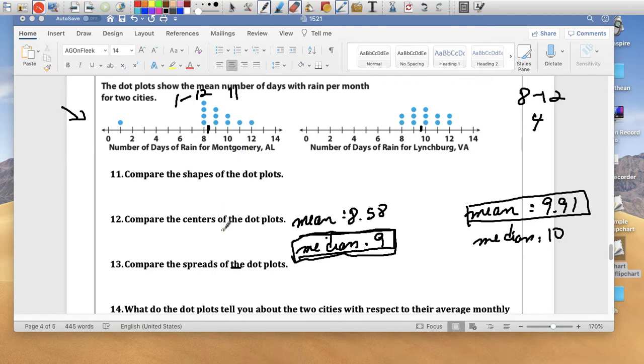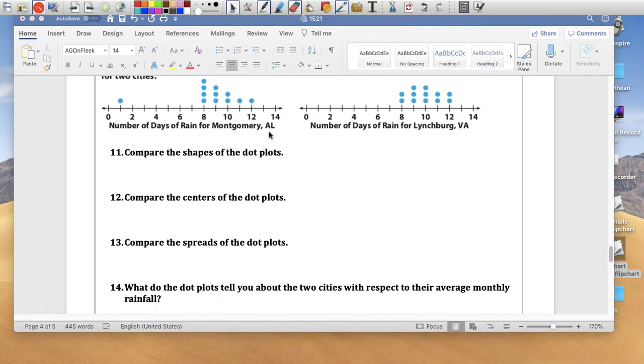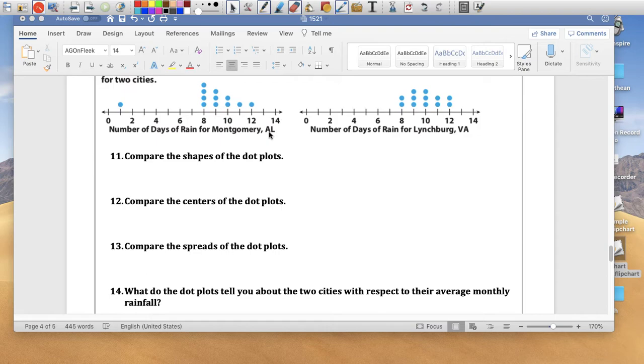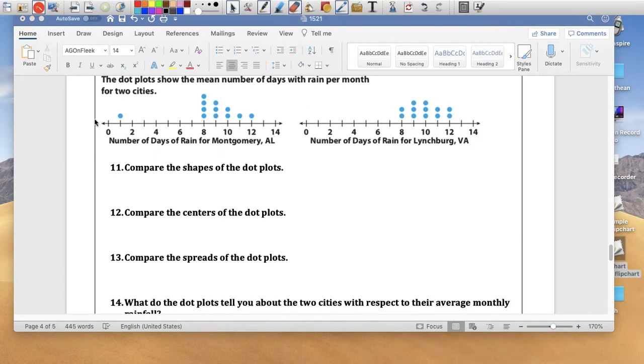Okay. What do the dot plots tell you about the two cities with respect to their average monthly rain? One city, I guess, is more consistent in the amount of rain than the other city. There was one month here that had 1 day of rain only. So this looks like Seattle, right?